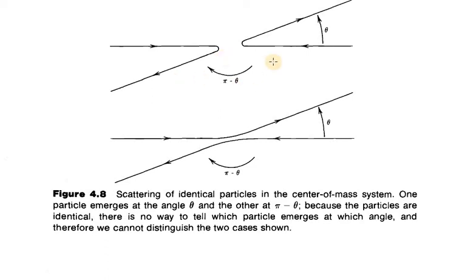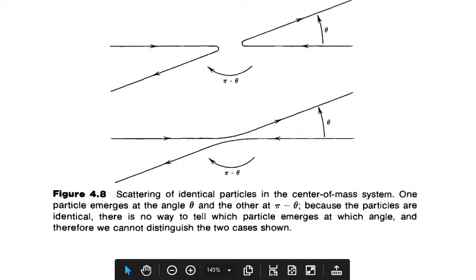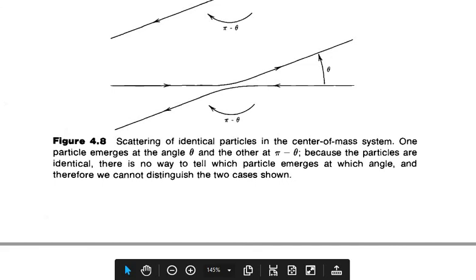Because the particles are identical, there is no way to tell which particle emerges at which angle, and therefore we cannot distinguish the two cases shown. So in the case of identical particles, we cannot distinguish which one is target and which one is projectile after the scattering.